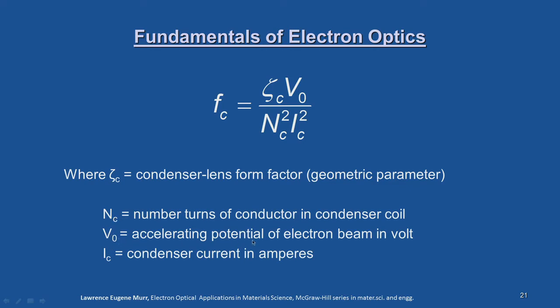V naught is the acceleration potential of the electron beam in volts, and Ic is the condenser current in amperes. So, it is clearly understood from this expression that the focal length of this electromagnetic lens is related to these many parameters.